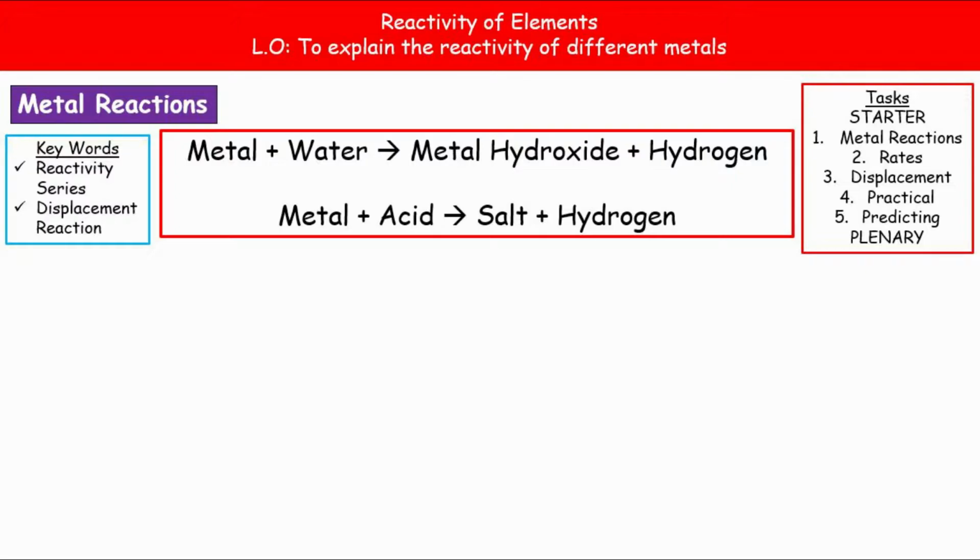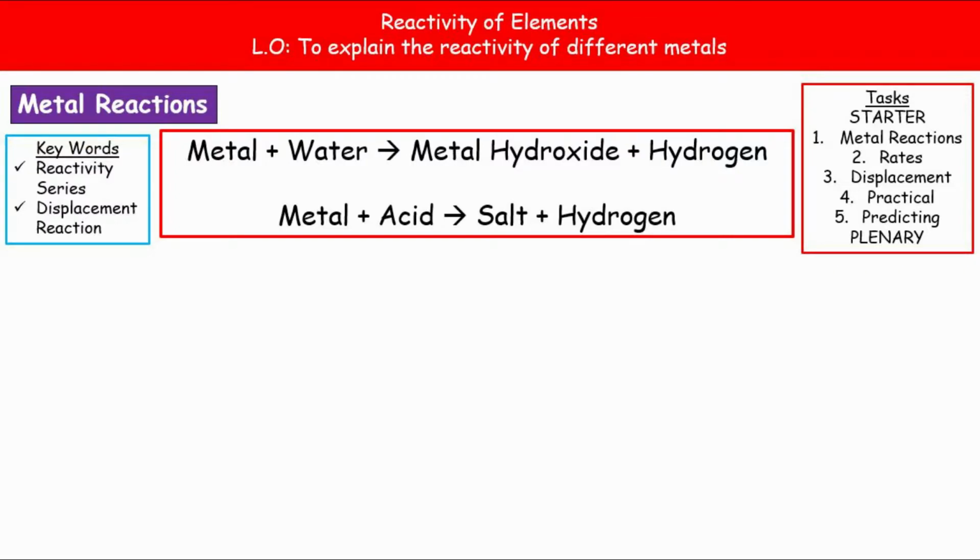So in our 2 examples here, we've got a metal reacting with water in our first one, and a metal reacting with an acid in the second. So water isn't going to change. That is the chemical name we can put plus water as it stands. And when we react any metal with water, it will still be plus water. Then on the other side, what we form is a metal hydroxide and hydrogen.